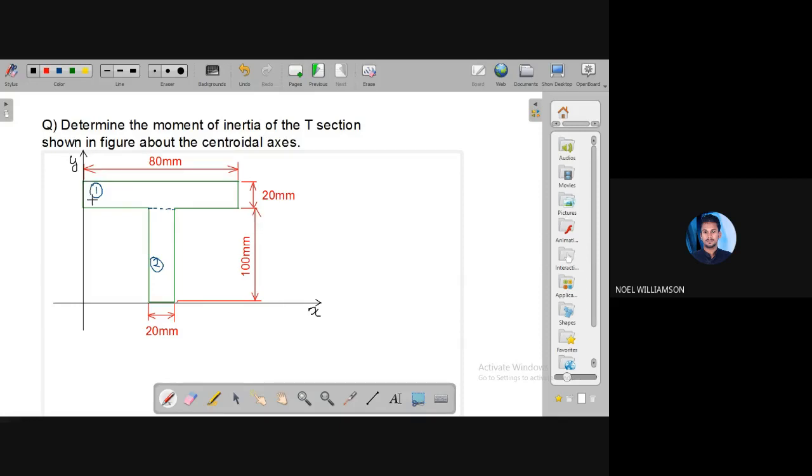Here you can see a rectangle 1, also a rectangle 2, so you can easily find the values. Find the values for x1, x2, y1, y2, a1, a2, etc., and find x bar. So x1, y1, a1, then x2, y2, a2, and using these relations, x bar and y bar.